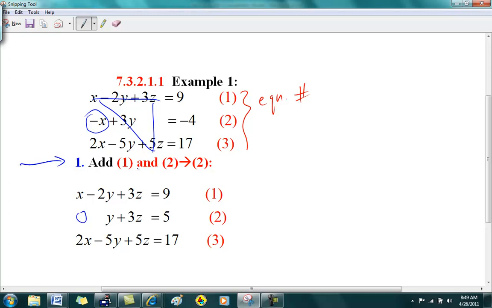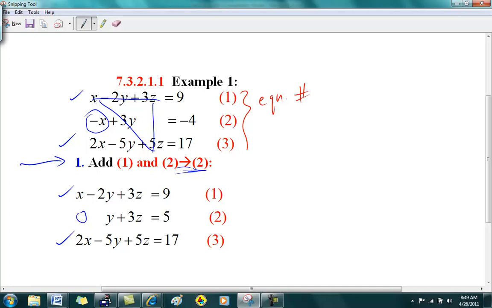This step reads, I'm going to take equation 1 and equation 2, add the 2 and put the result in equation 2. That's what this arrow means here. Which means that equation 1 and 3 will be unchanged, as you can see. Equation 2 will be replaced by doing the addition of 1 and 2.